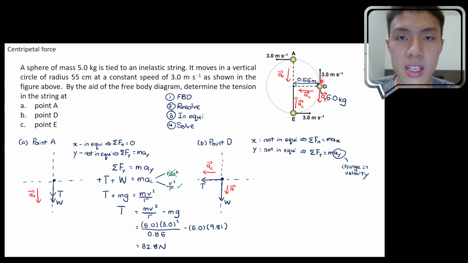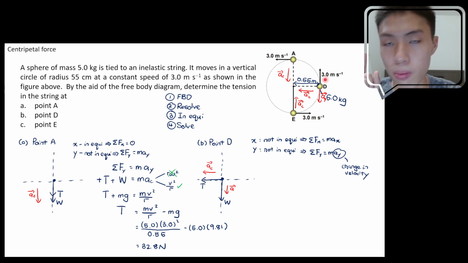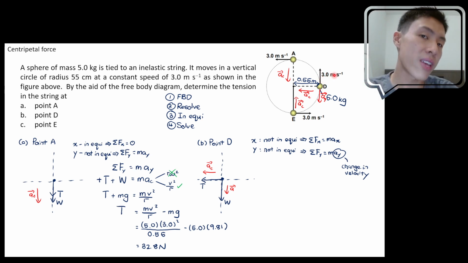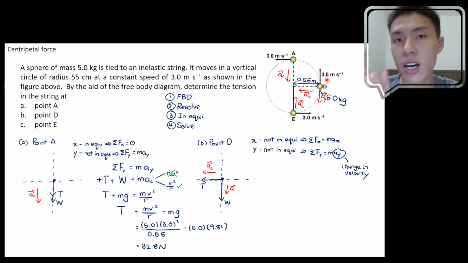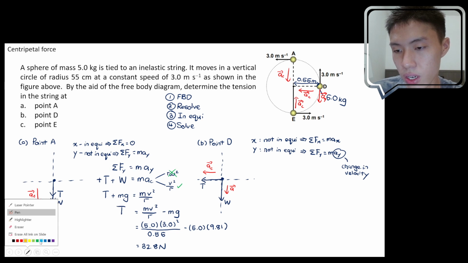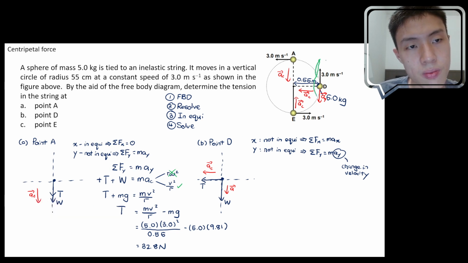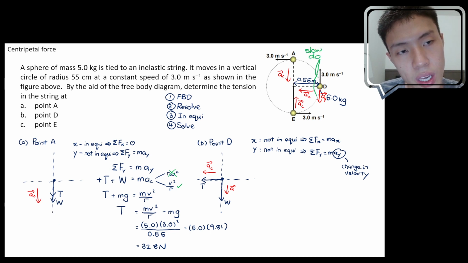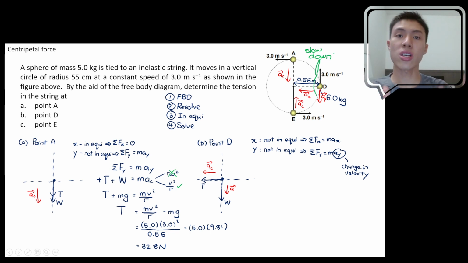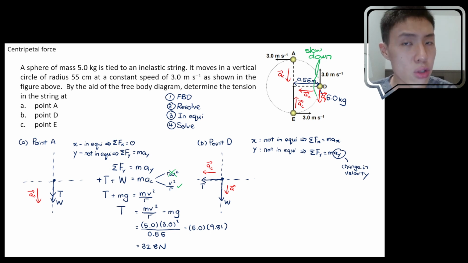Both of these vectors are in opposite directions, and we learned from kinematics last time that if the acceleration and the velocity are in opposite directions, this is quite interesting, it will cause the object to slow down. We learned before that if the acceleration and the velocity are in the same direction, you speed up; in opposite directions, you slow down. So now, because they're in opposite directions, it will slow down.